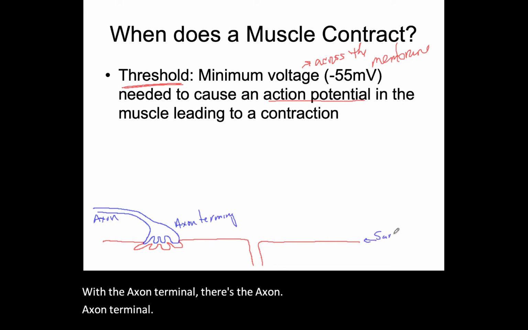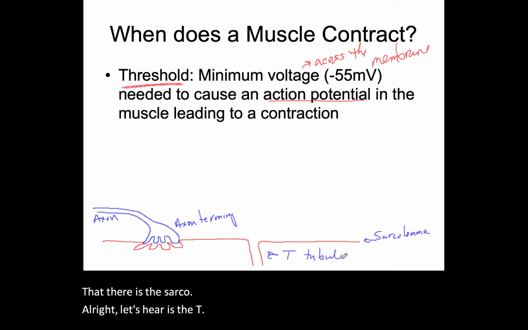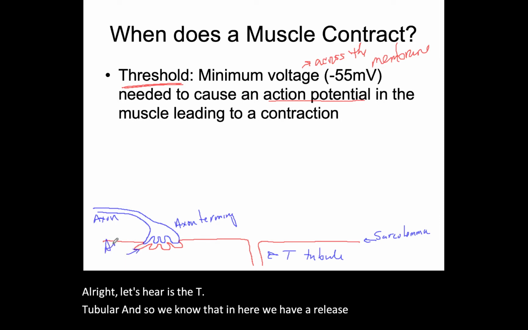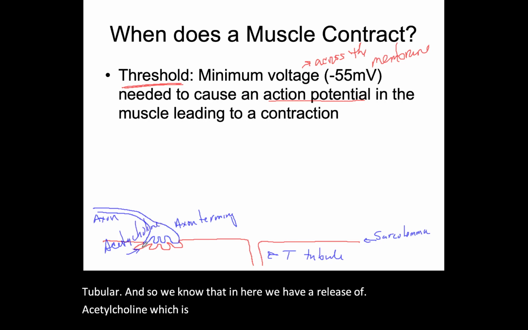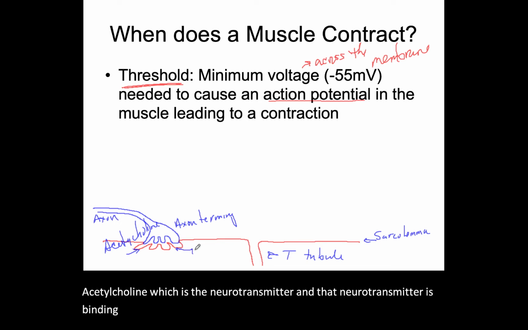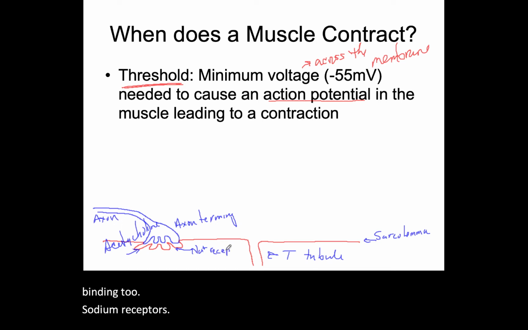That there is the sarcolemma. This here is the T-tubule. And so we know that in here we have a release of acetylcholine, which is the neurotransmitter, and that neurotransmitter is binding to sodium receptors or sodium channels.